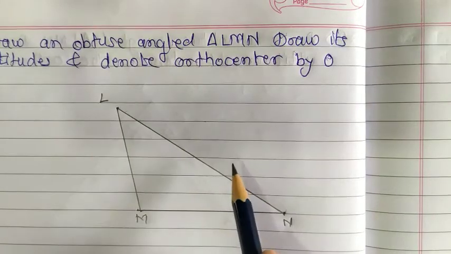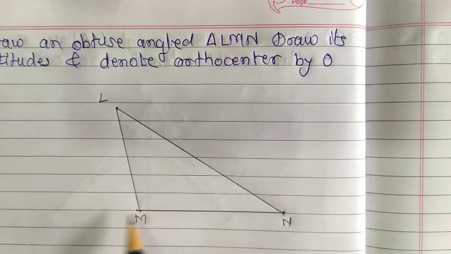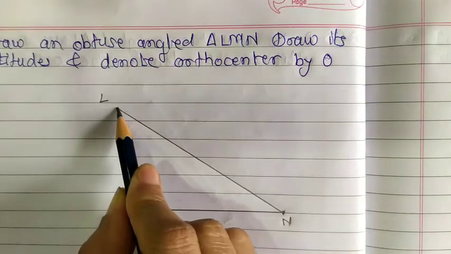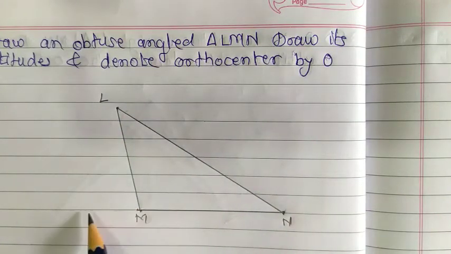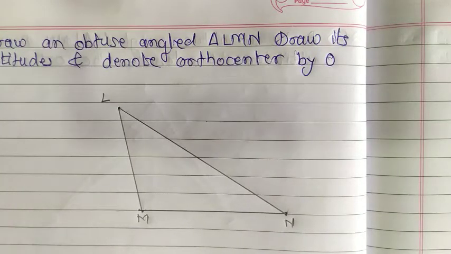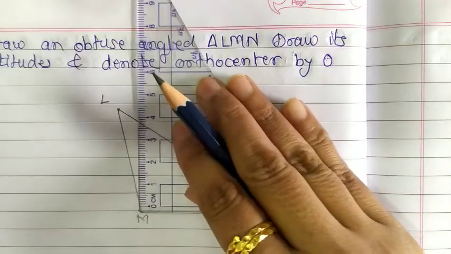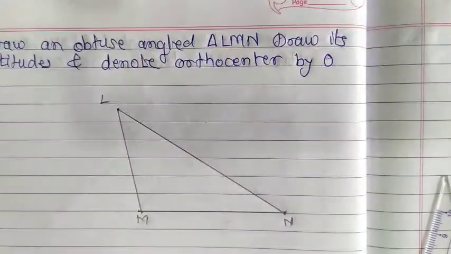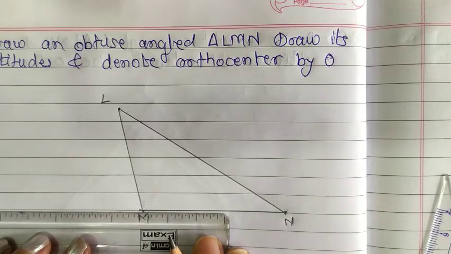Drawing the altitudes, let us see the altitude for the base MN from point L. Here we are extending the line MN because the altitude comes here. Hence we extend the line NM.